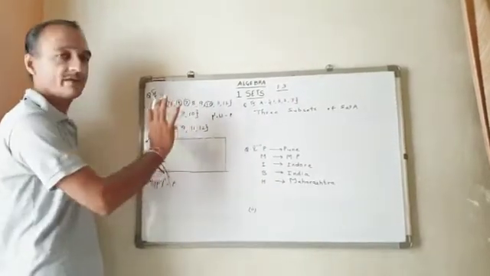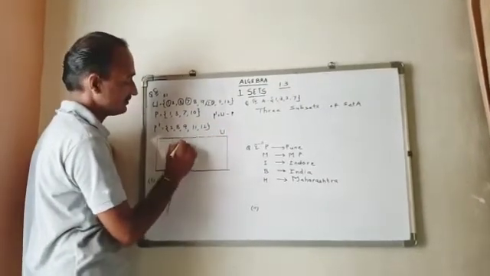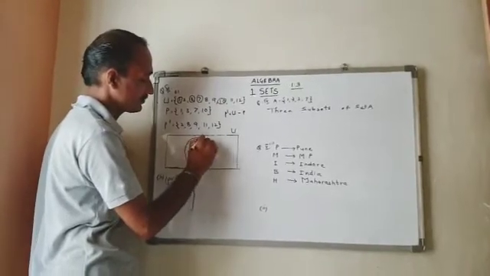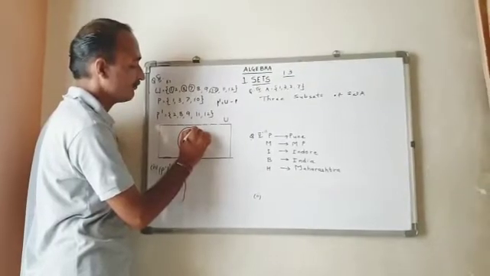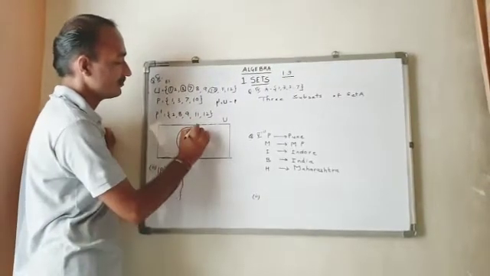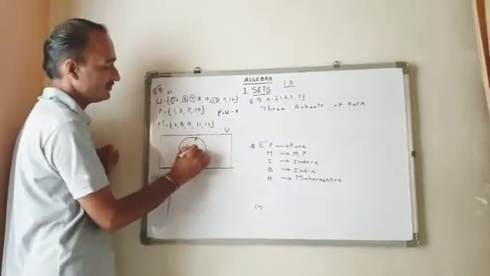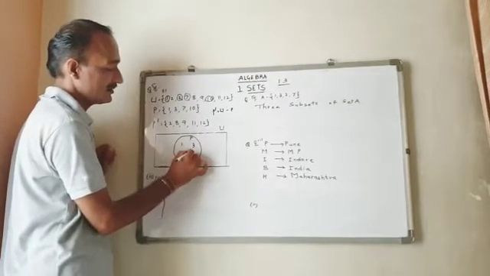This is complement. Now this is your universal set. Show it by Venn diagram. This is your P. Now what does P contain? 1, 3, 7, 10.